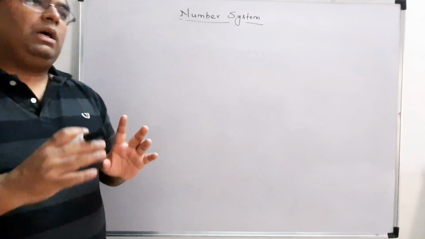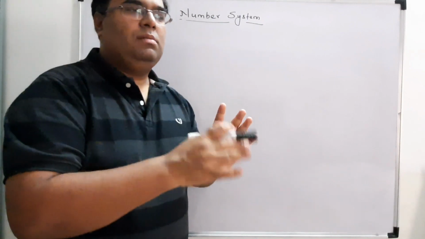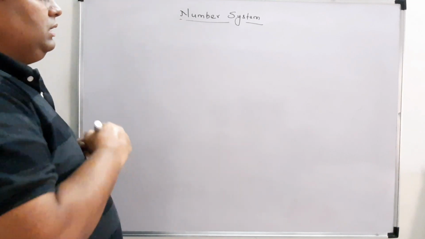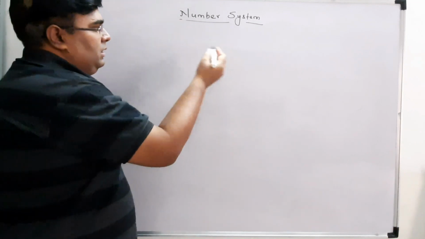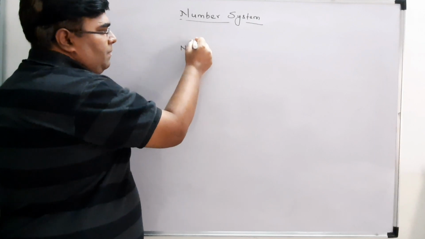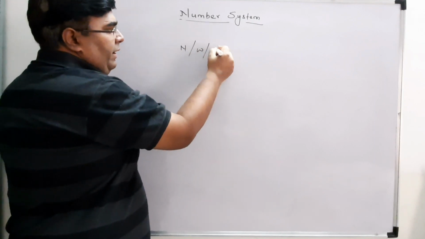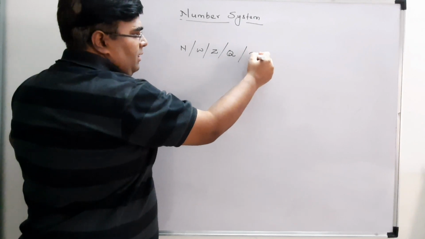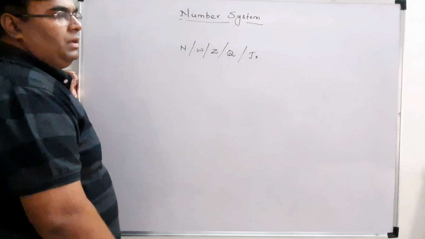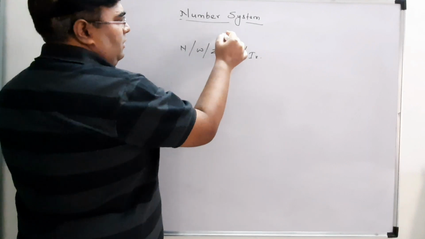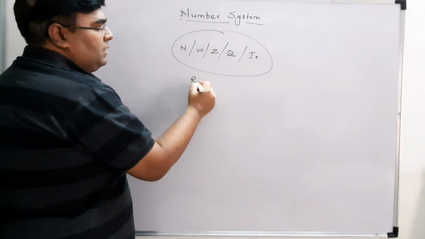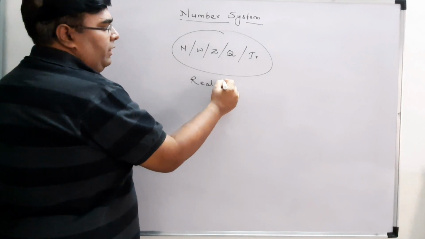Also now we know how to categorize our decimals into rational and irrational. So all these number systems, natural number, whole number, integer, rational and irrational, combining together, they are known as real numbers.